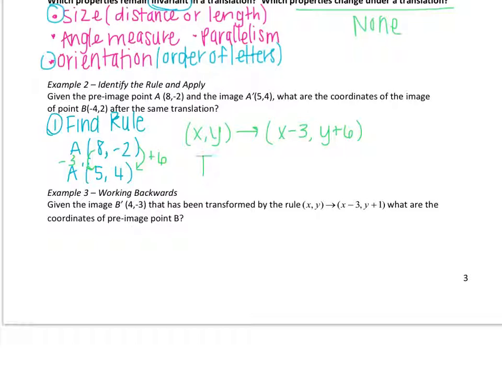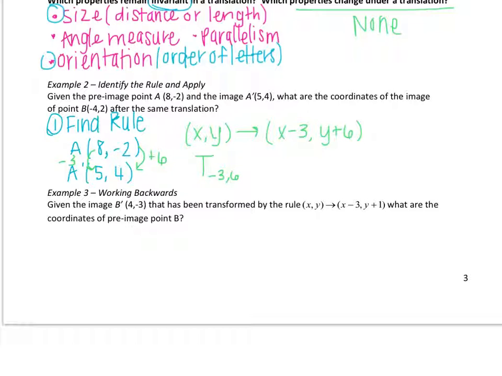Another way to write this, because we know it's a translation, is to use that notation, capital T, <-3, 6>. Either of these two options are acceptable: writing the rule out using (x, y) maps to, or writing the rule out using the translation notation.